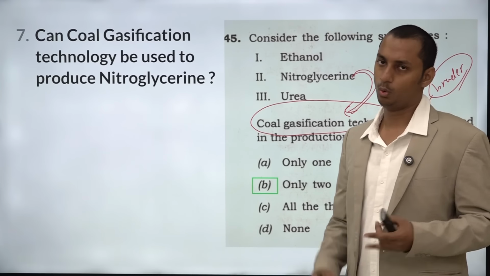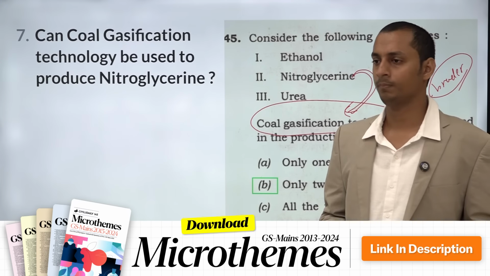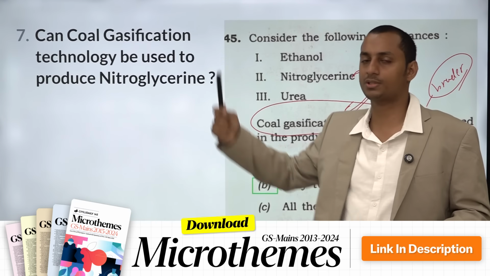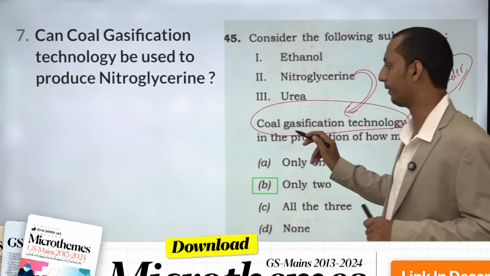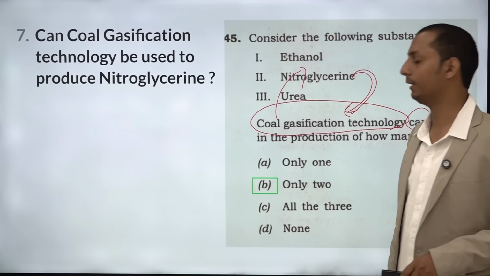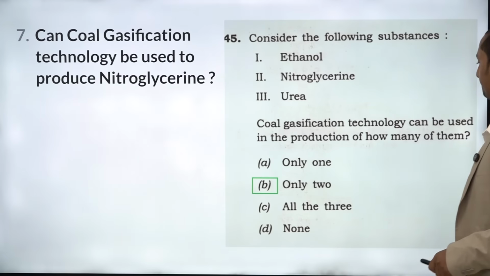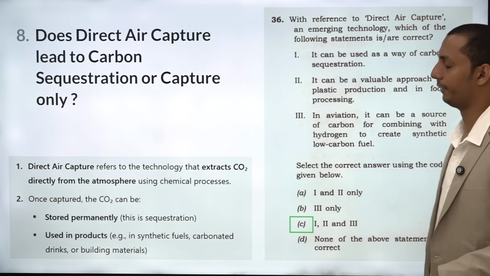No. Coal gasification is basically used in the production of synthetic gas. And synthetic gas may be indirectly, maybe in the end process, used for nitroglycerin. But there is no direct relation between coal gasification technology and nitroglycerin. Therefore, this statement can be taken as incorrect. Therefore, only 2 is the answer here. No, we cannot use a 1% logic here. That's what I'm trying to say.